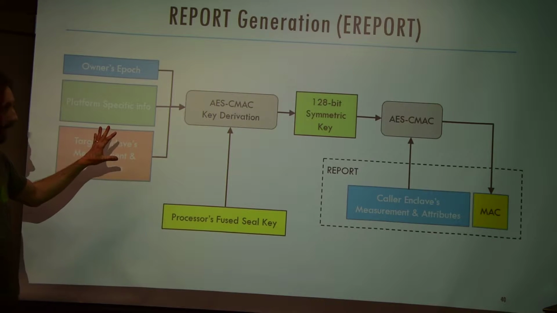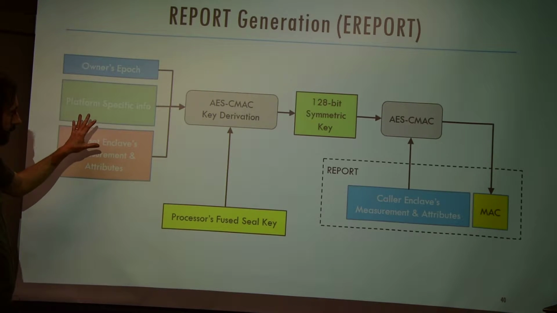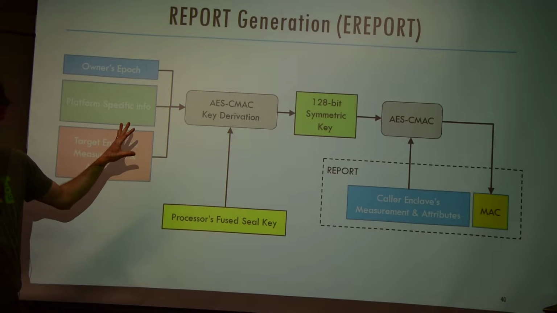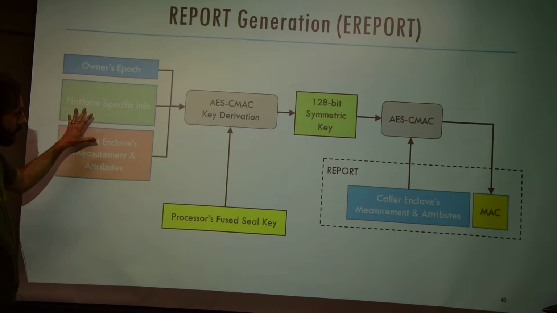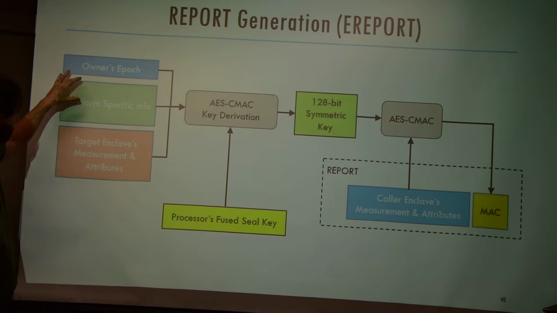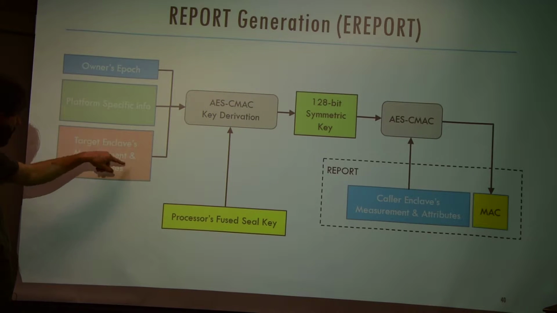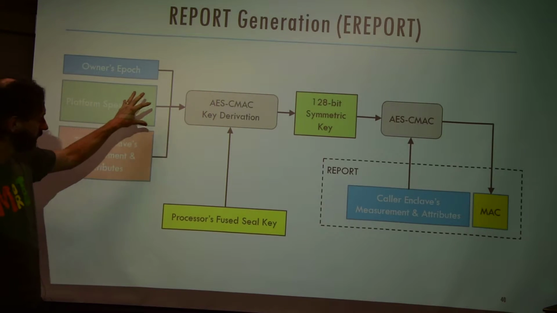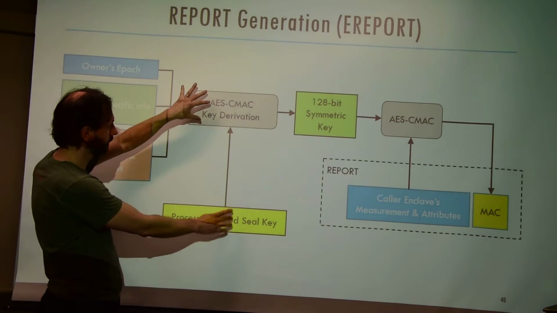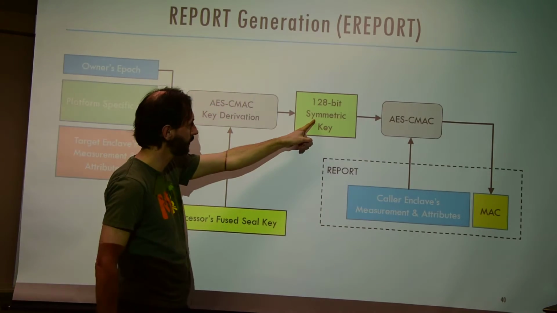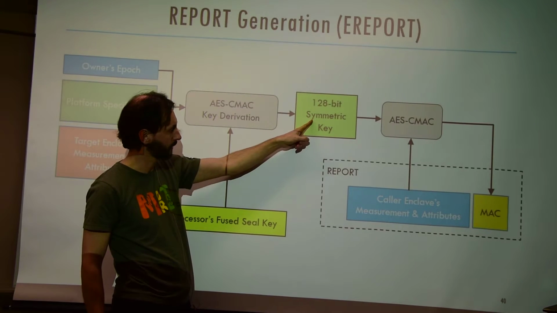So the caller enclave is calling this particular EREPORT construct. What the hardware is doing, it takes this platform-specific info and the target enclave's measurement, and with the fuse seal key, gets the report key. That's this guy. This is the report key.